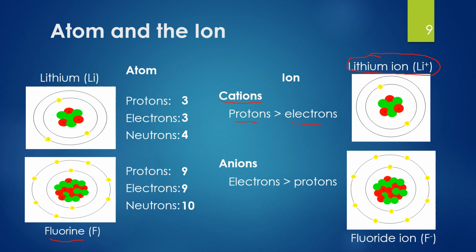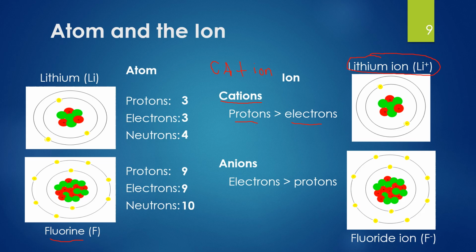Now, an easy way to remember that a cation is a positively charged ion is simply looking at the word itself. So cation can stand for "I see a," and then the t becomes a plus sign, so "C a positive ion." So that's how you can remember that cations are the positive ions.